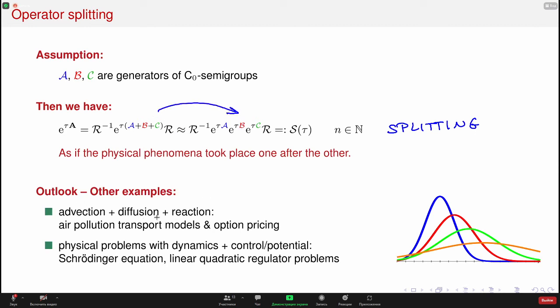Also, advection-diffusion-reaction problems can be treated in this way, or physical problems with dynamics and some control or potential. So always when you feel that there is some kind of sum in the physical phenomena, then you can split them, and computationally, numerically, it is easier to treat them like that.